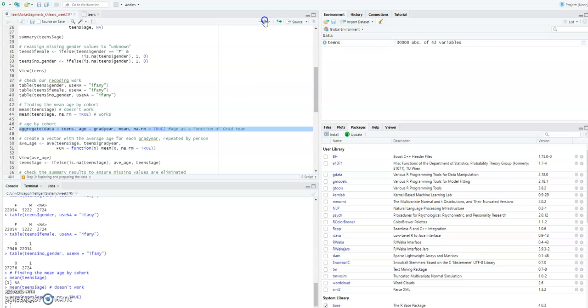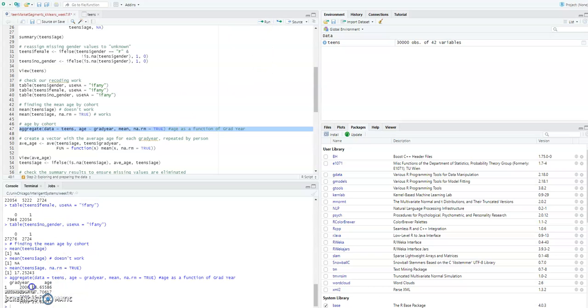If you run this command, you will see the mean age for each graduation year. For 2006, the average age is 18.6 years. For 2007, it's 17.7. For 2008, it is 16.7, and for 2009, it's 15.8.